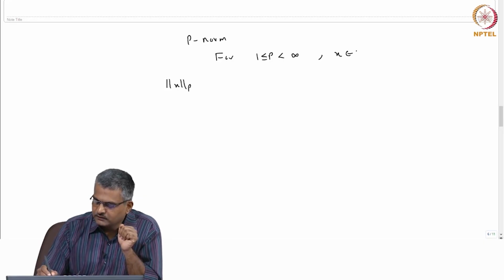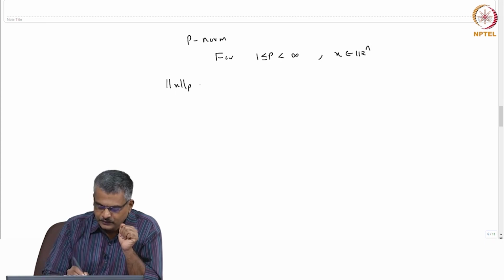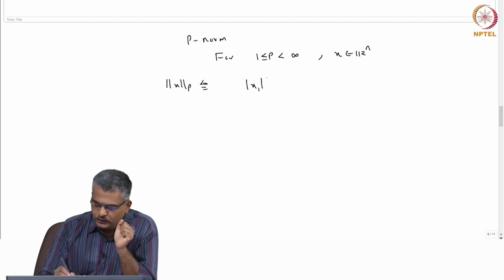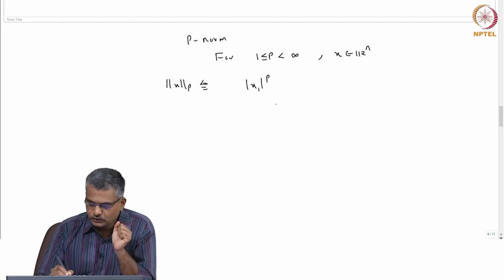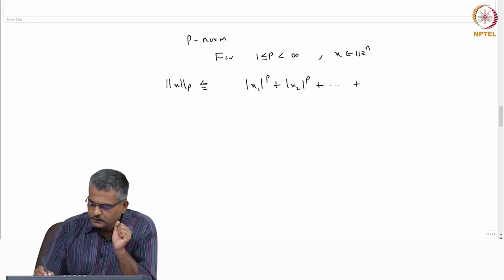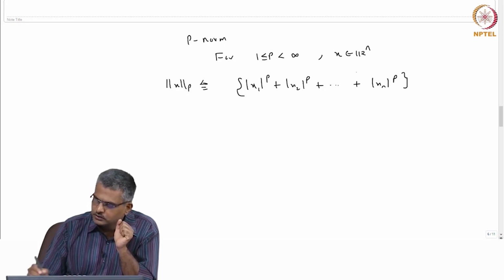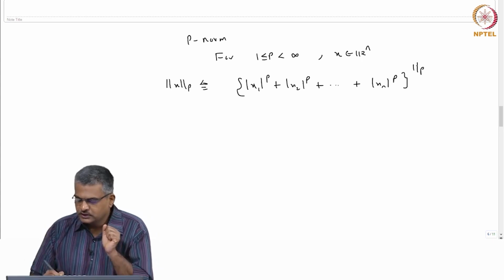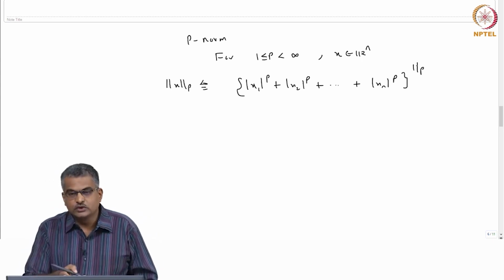For x, again a vector in Rn, it is defined as follows: you take the components, take the absolute value, raise it to the power p, and so on for all the components, and then take the pth root of the resulting expression. This is known as the P norm.